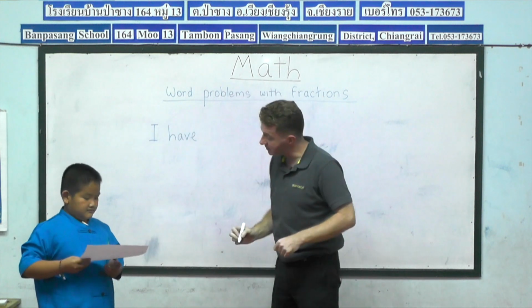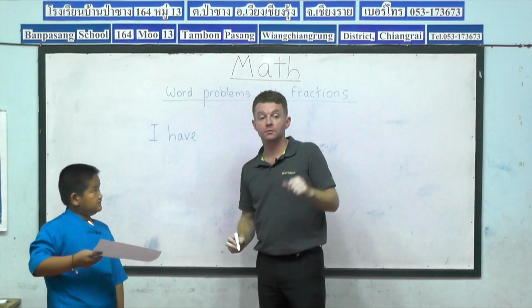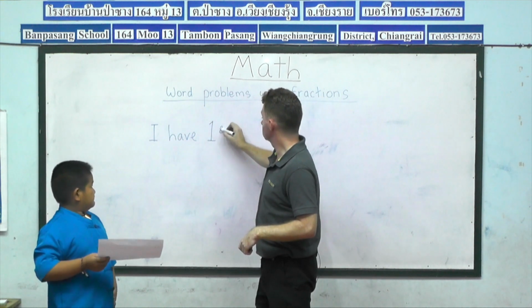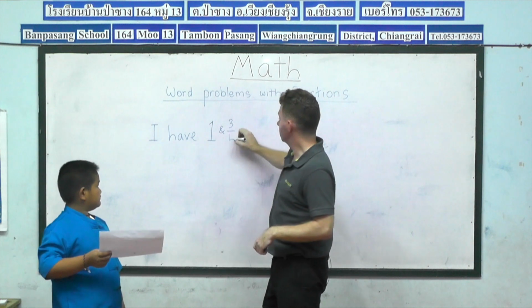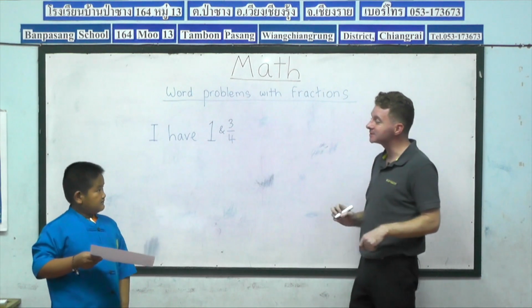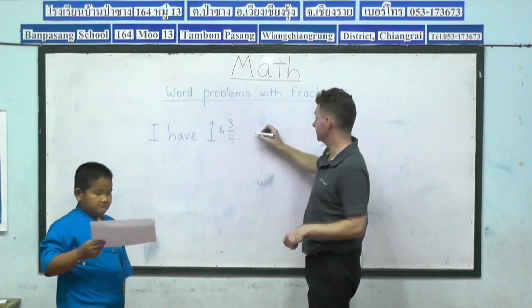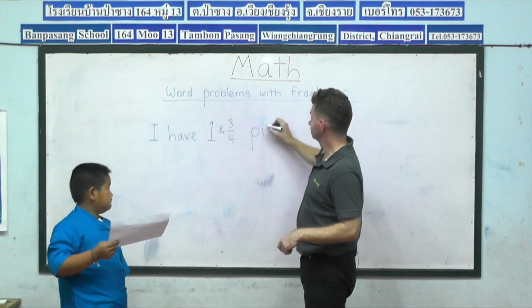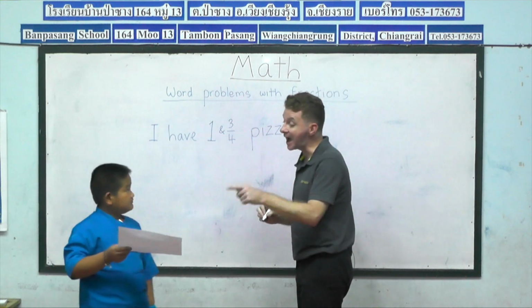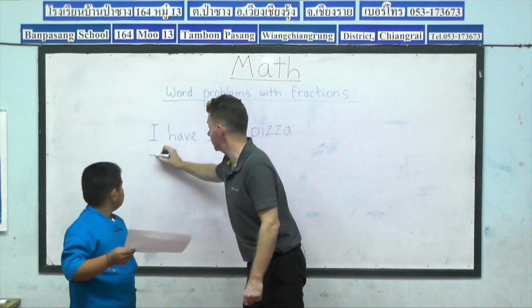And what do you have, Net? 1 3/4. And what do you have? 1 3/4 pizza. Okay. And then what happens next? I eat. Well done, Net.